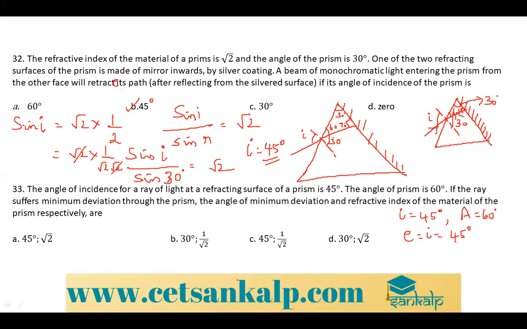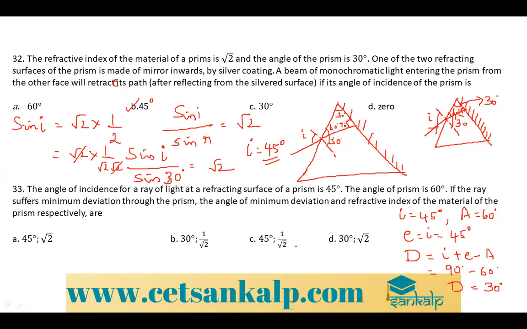So now D, capital letter D, angle of minimum deviation is given as i plus e minus A. So 45 plus 45 is 90 minus 60 is, so capital letter D is 30 degree.